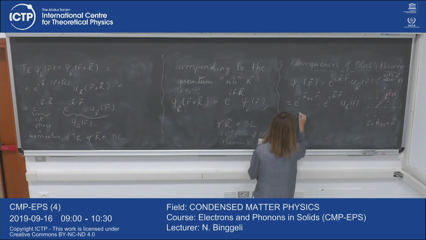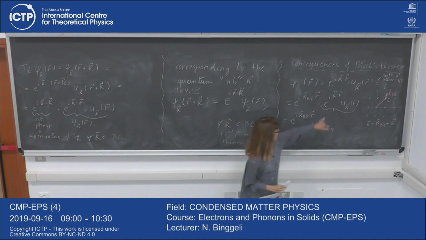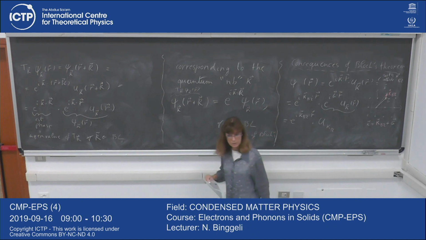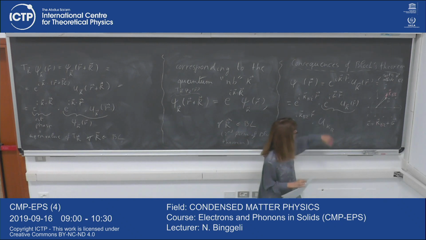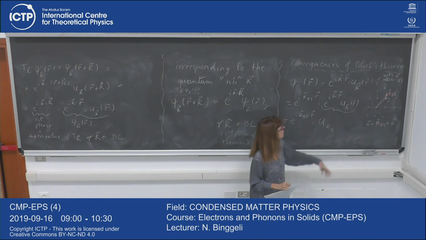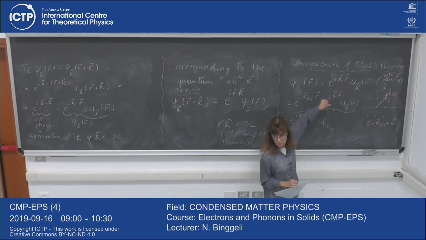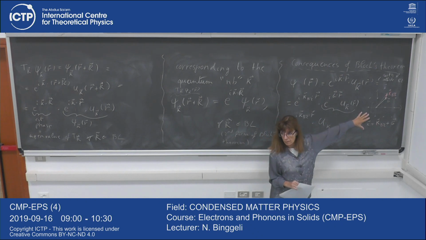And this is therefore something that is periodic. This exp(iG·r) u_k(r) is a periodic function. We have seen previously that the reciprocal lattice vectors are the vectors that make this function have the full periodicity of the Bravais lattice.